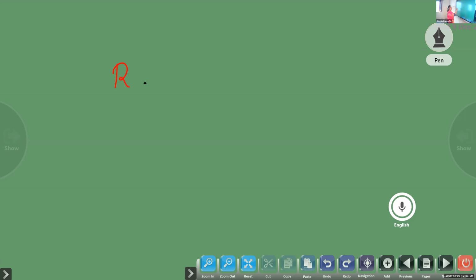We have R, which means the center of mass position vector. We have M1 R1 plus M2 R2, which is equal to M R_CM.